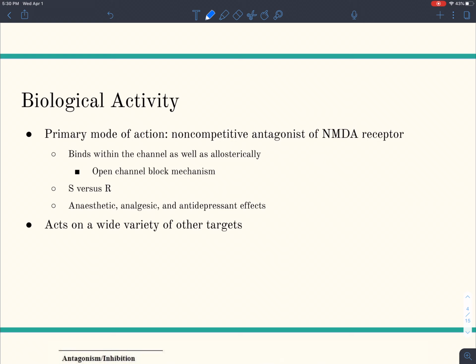It has an open channel block mechanism, which requires glutamate to bind to the receptor and open the channel, where ketamine then comes in, binds deep within the channel, and prevents the flow of ions. And this therefore prevents the electrical response. And then, of course, in turn, the lack of electrical response translates to what impedes the brain's sensory connection to the body.